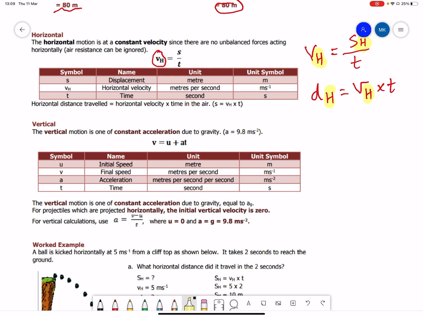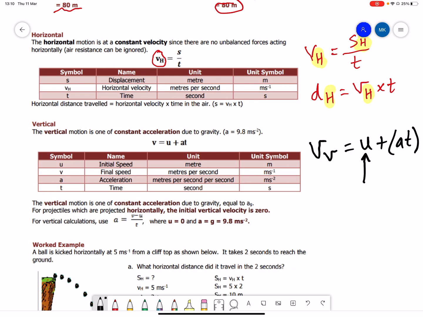Now, vertical is a little different. If you want to calculate the vertical velocity, VV, we use our acceleration equation rearranged: V equals U plus AT.